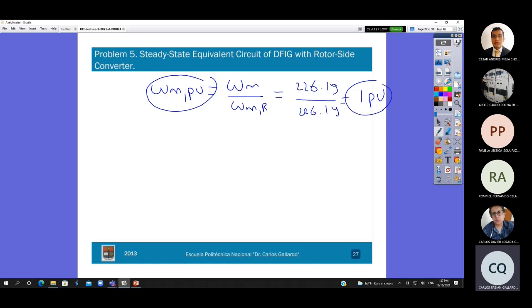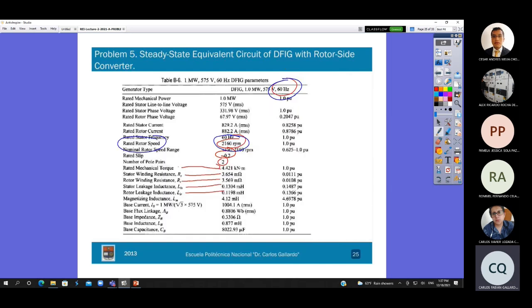So let's estimate the mechanical torque using the speed ratio. I will call this the first methodology. Let's compute the new torque using the ratio of the speed: the rated mechanical torque times the speed ratio, in this case the per unit value, is proportional to the square. So for the electromechanical torque, let's go back to the rated value.